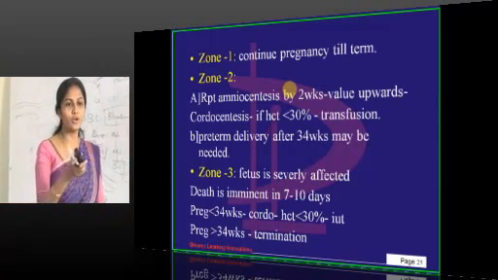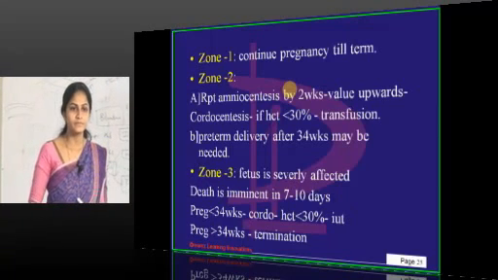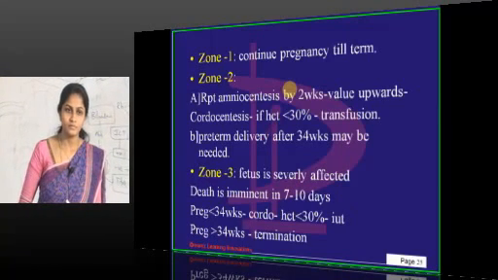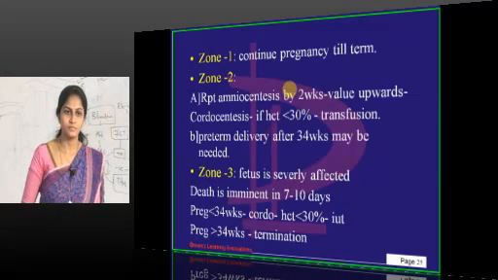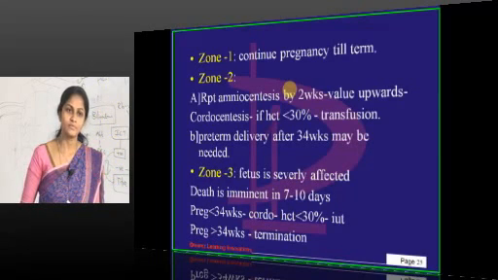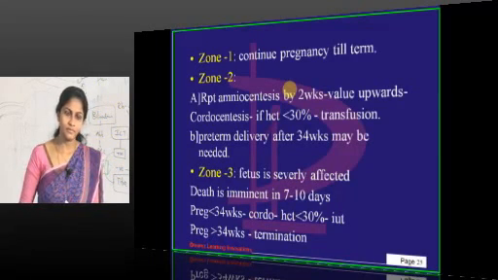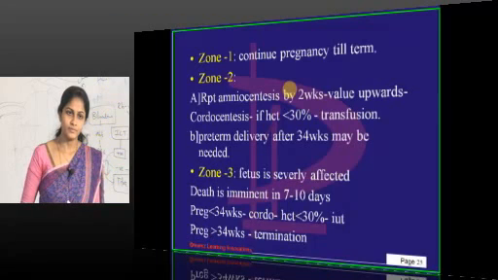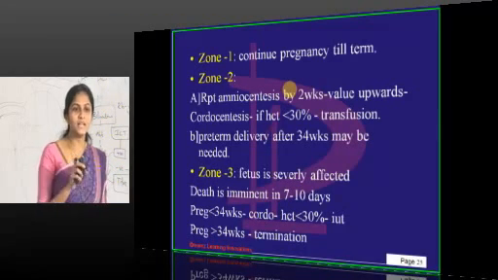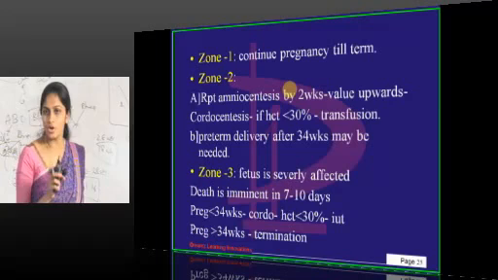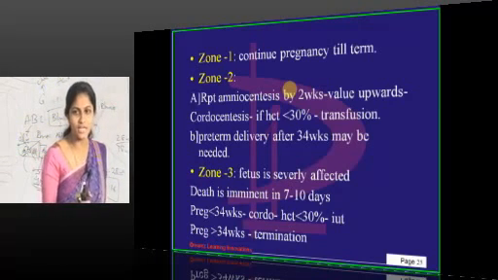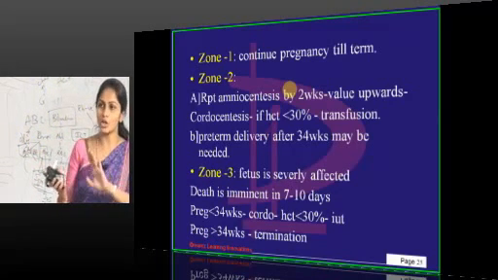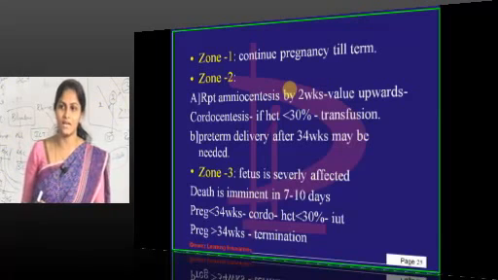Next, zone 3, how are you going to manage? If less than 34 weeks, go for cordocentesis. You are not going to do intrauterine transfusion directly. If the cordocentesis shows 40 to 50%, no need of intrauterine transfusion.